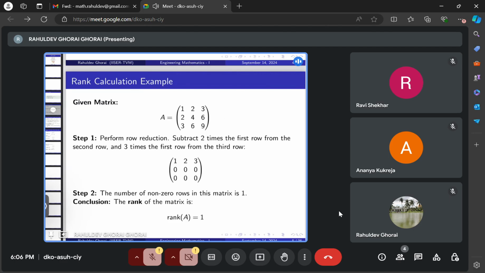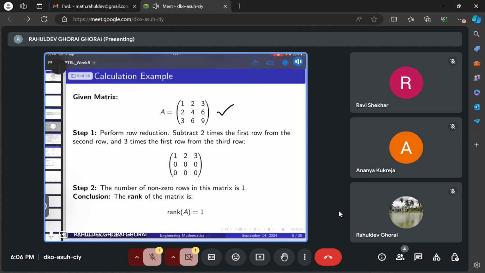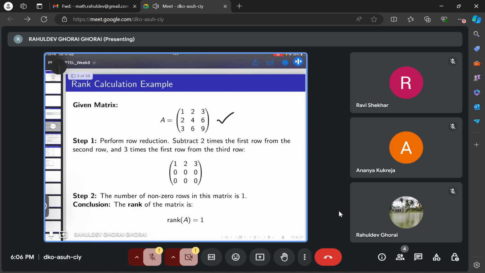When a matrix is there, we perform row reduction. Let's say you have an example like this: 1 2 3, 2 4 6, 3 6 9.